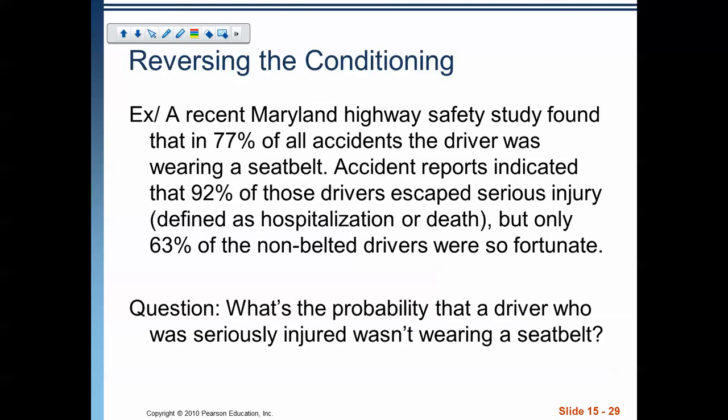So here's what I'm going to task you to do right now. Can you please take a second, using the probability notation, P of seatbelt, P of accident, and write down what we're looking for and all of the information we have?